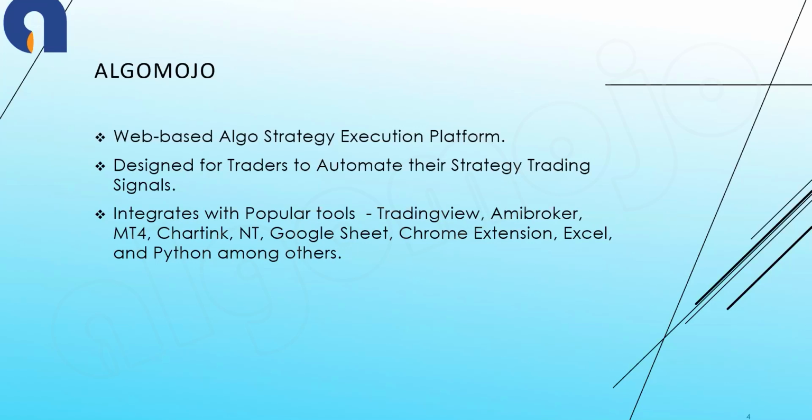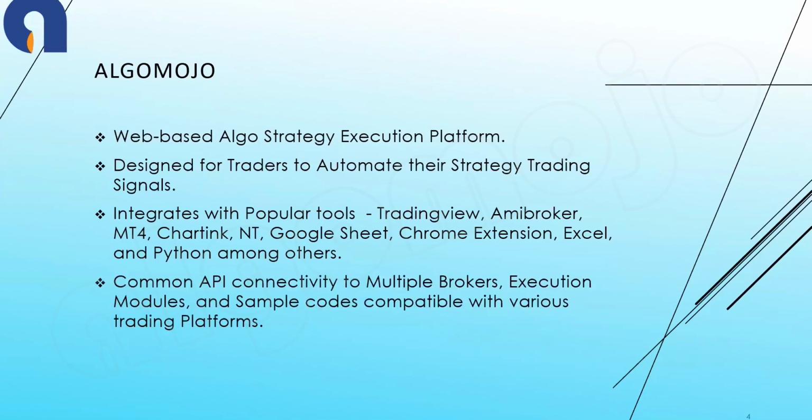If somebody is running strategies using Python code, you can refer to our library and make use of the functions that we provide. We provide common API connectivity to multiple brokers. We provide execution modules. We provide sample codes to be used in the charting tools for automating your signals.